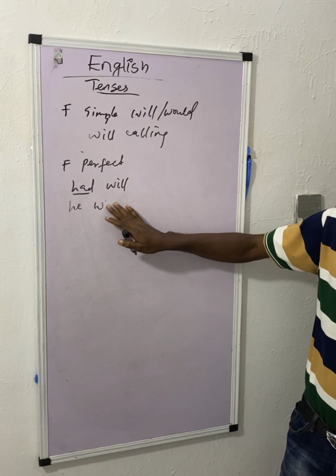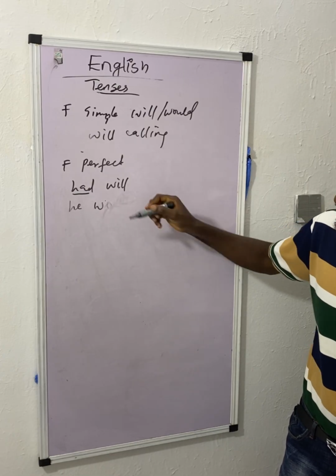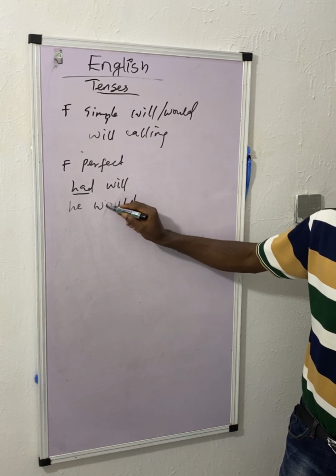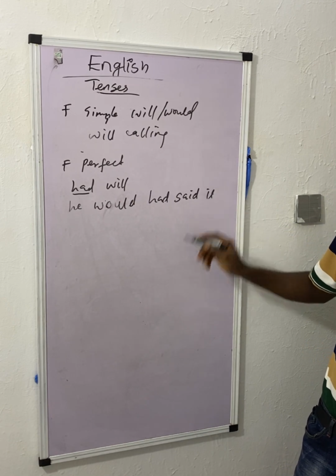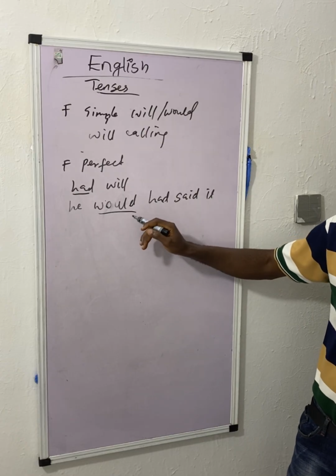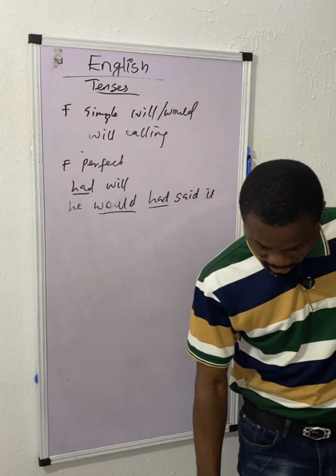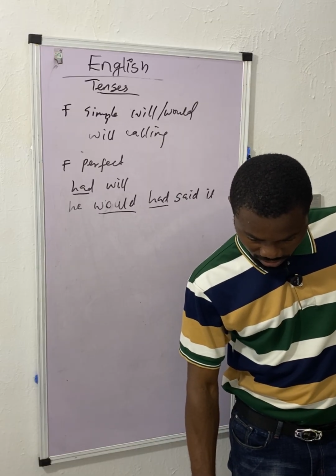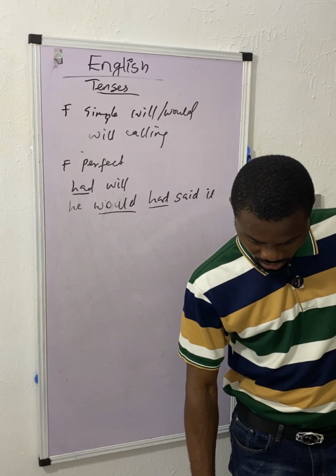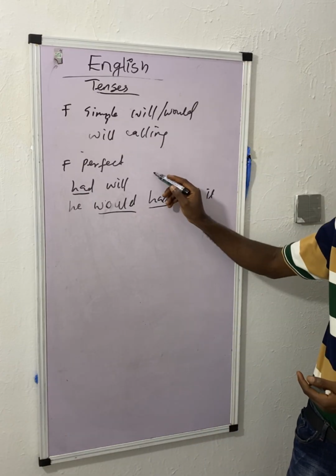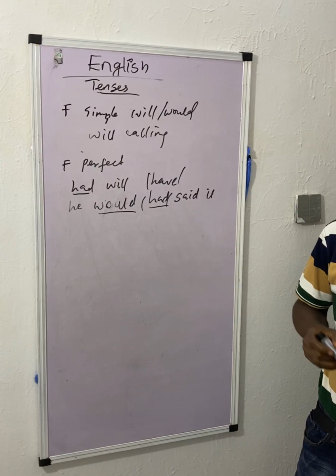He would had said it. All right. So this one is what? Future tense. This one is what? Perfect tense. So future perfect tense. Okay. So you can also use have. He would have said it. It's also correct. It's also future perfect.